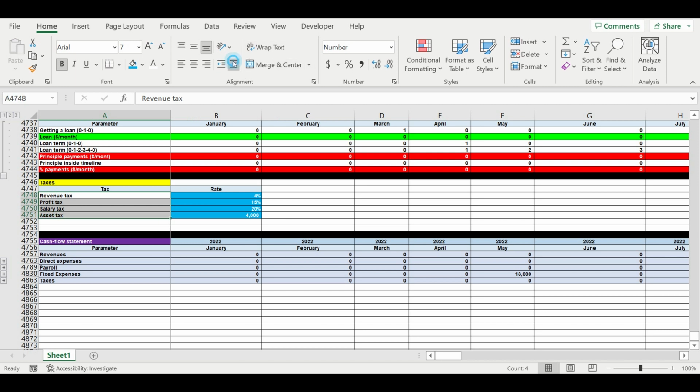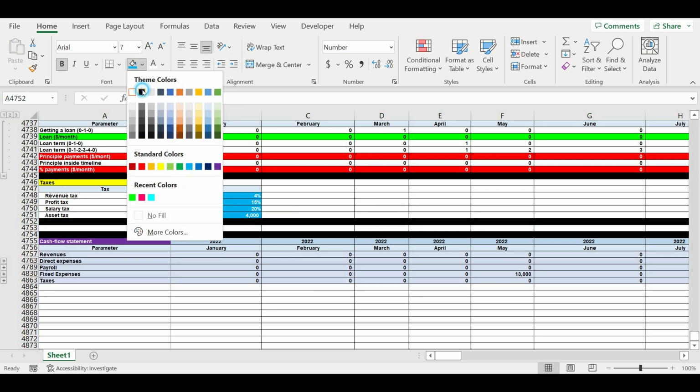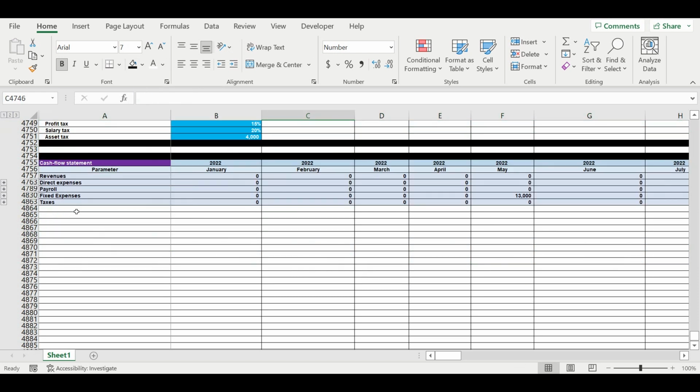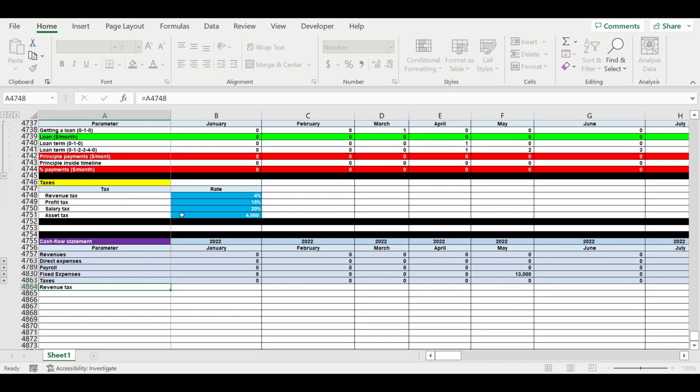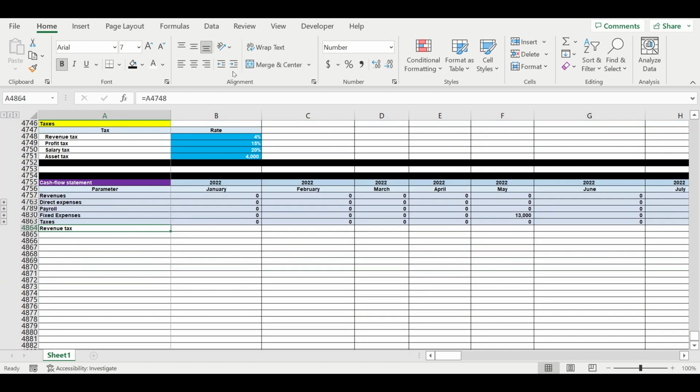Then we are adding these taxes in our block of taxes inside the cash flow statement.